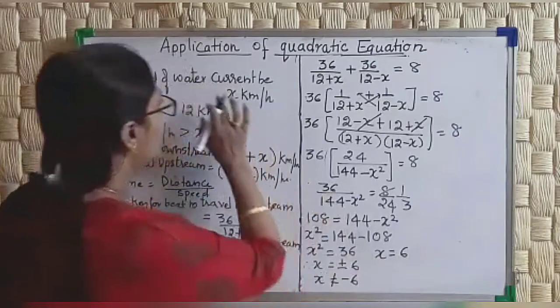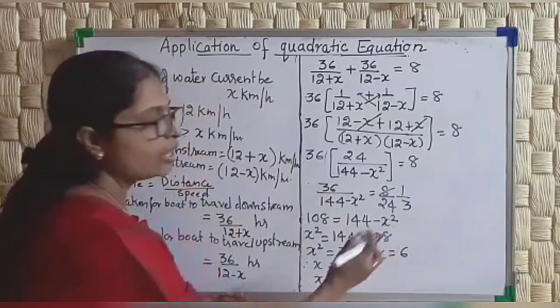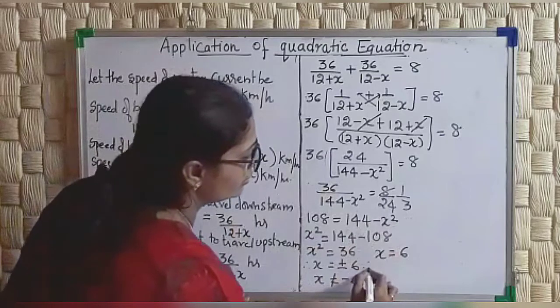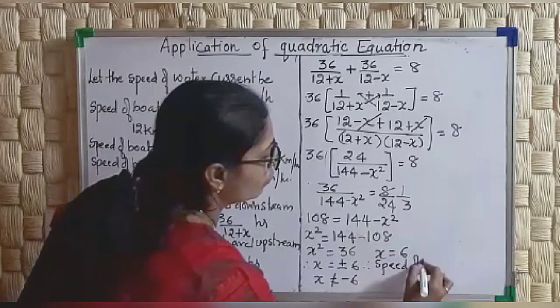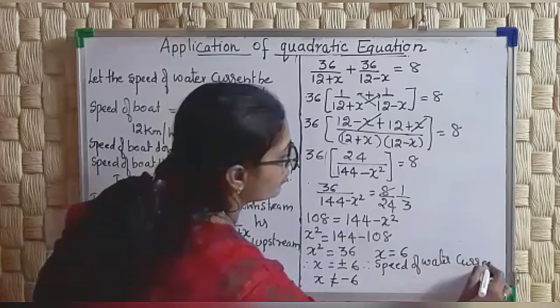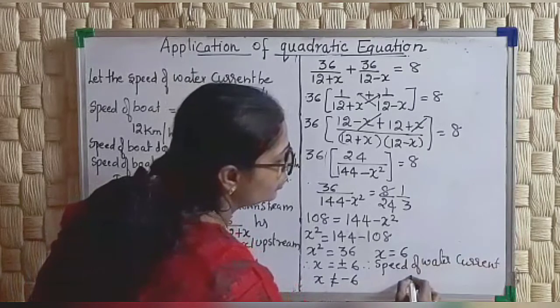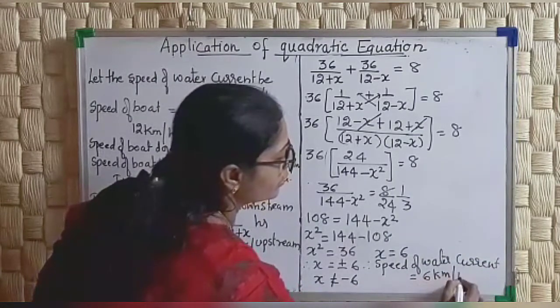That is, the speed of the water current will be equal to 6 km per hour. So the answer is: speed of water current will be equal to 6 km per hour.